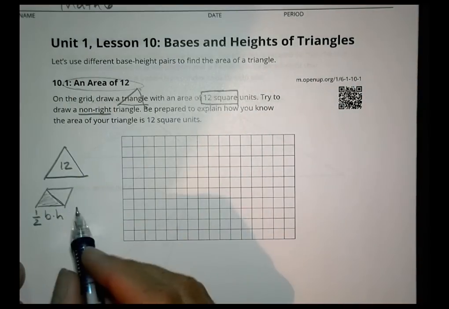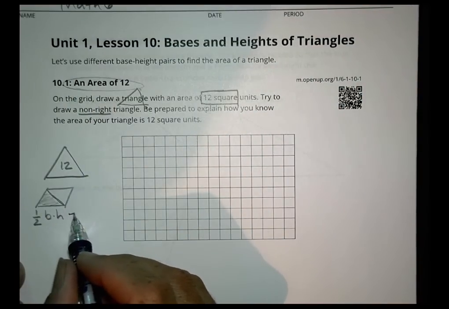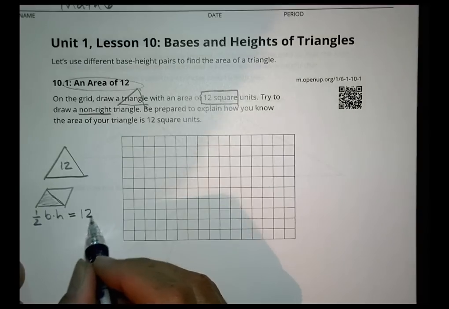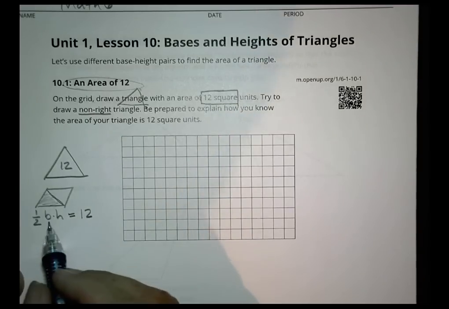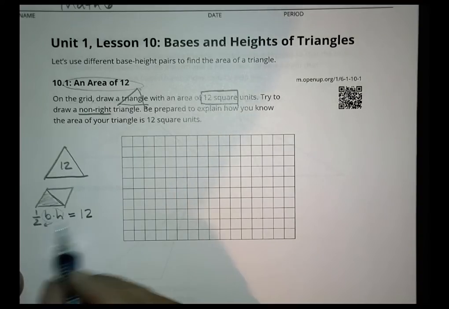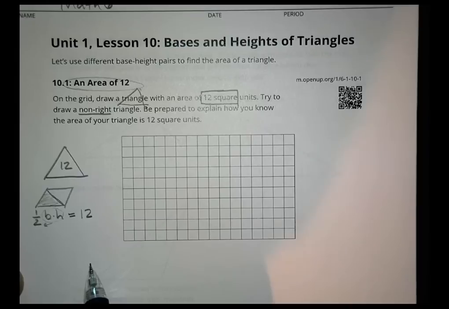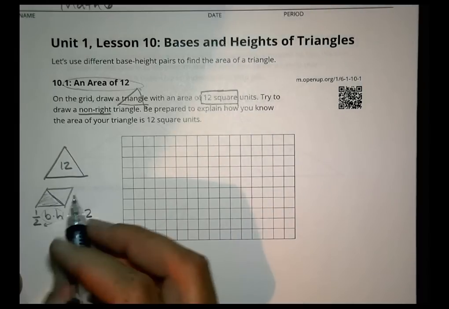So if I know that I want half of the base times the height to be equal to an area of 12, then I need to think about what numbers I can multiply together and then divide by 2 to equal 12. Or another way of thinking about it is this.